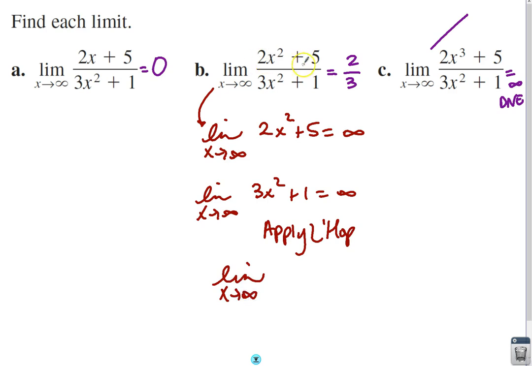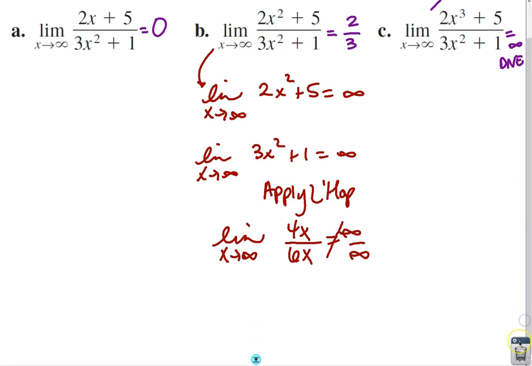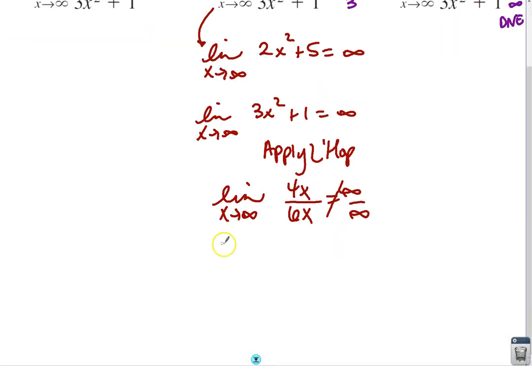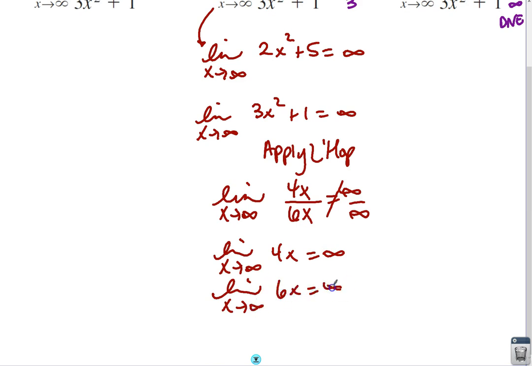The derivative of the top is going to be 4x. The derivative of the bottom is going to be 6x. Again, if I were to plug in infinity, oh no, I get infinity over infinity. Okay, well, that's okay. Watch this. The limit as x approaches infinity of 4x equals infinity. The limit as x approaches infinity of 6x equals infinity.